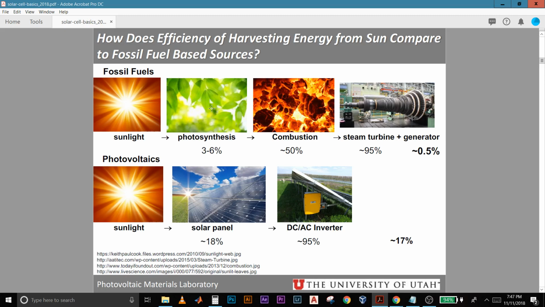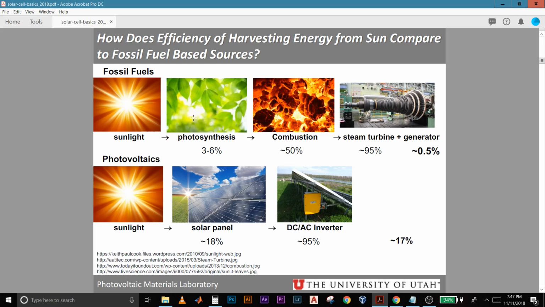And ultimately, where do plants get their energy to live from? Sunlight. So if we do a bit of efficiency calculation, the amount of sunlight that plants can convert to energy to live off of is basically 3 to 6%, which comes from photosynthesis.